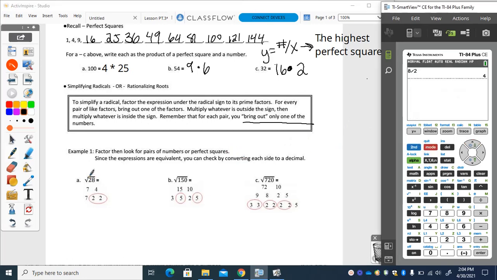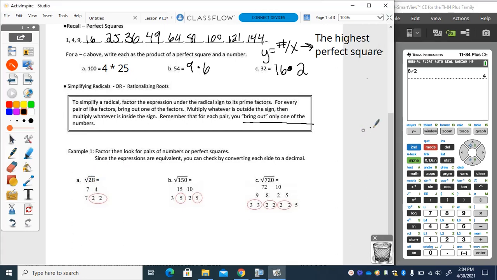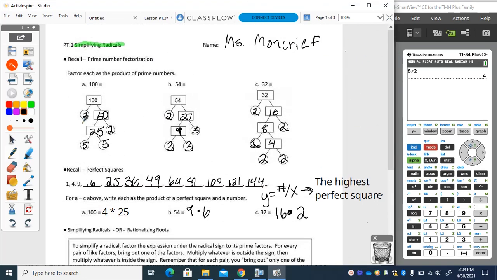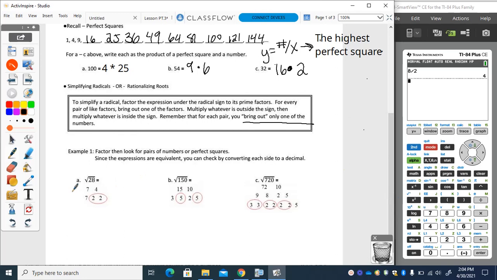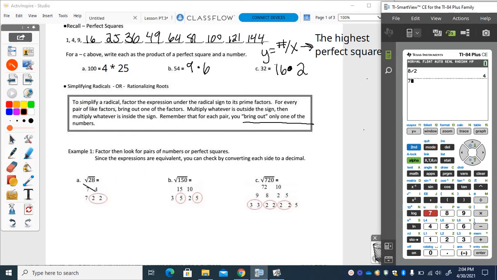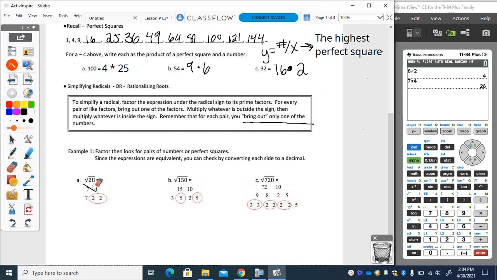The first one we have is the square root of 28. So let's check out some of my factors of the square root of 28. We're going back to doing this prime factorization like what we did at the beginning. So we have 7 and 4. 7 times 4 gives us 28 because we're looking for prime numbers to start.